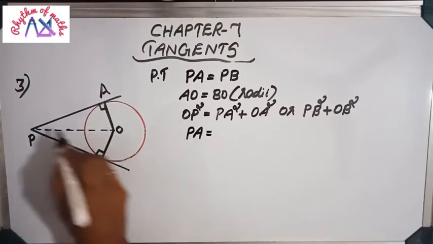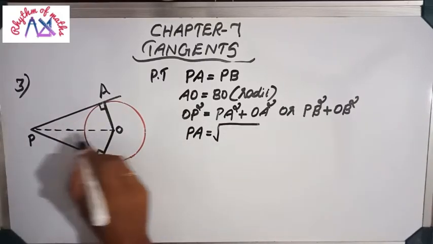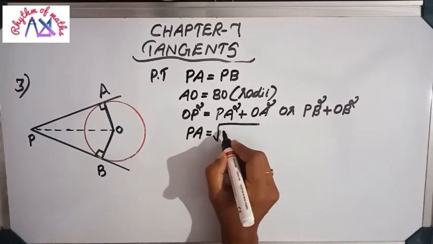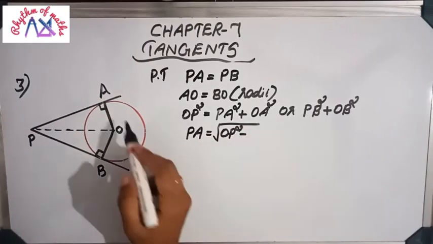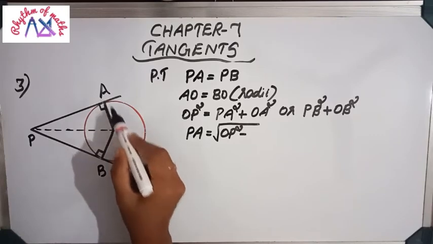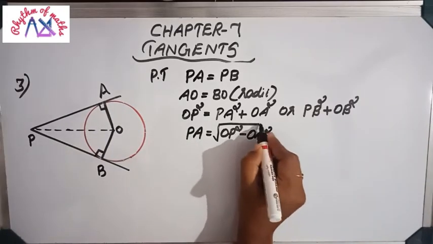So PA is the altitude. Altitude equals what? Hypotenuse square minus base square. Here the hypotenuse is OP. So hypotenuse square minus base square. The base of the first triangle is OA, so OA square.